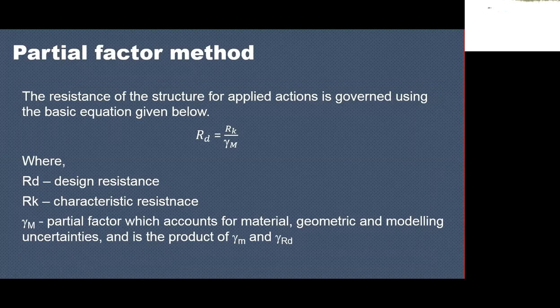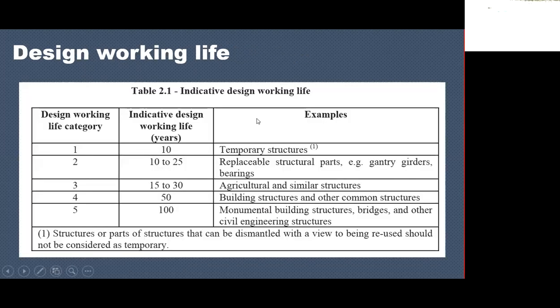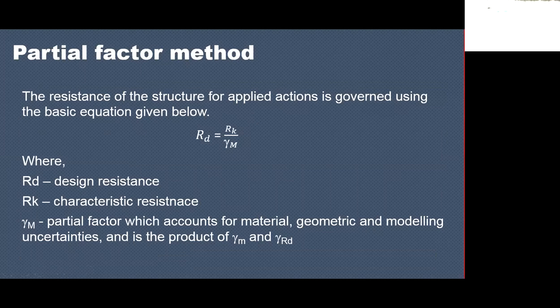Then if we move to structural design, we have looked at something here. The building should have adequate structural resistance, right? So how do we define the resistance? The resistance of the structure for applied actions is governed using the basic equation.